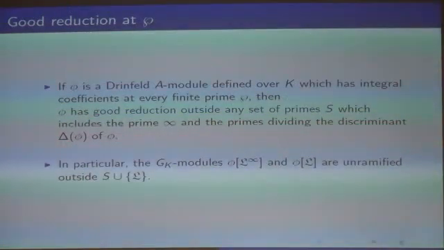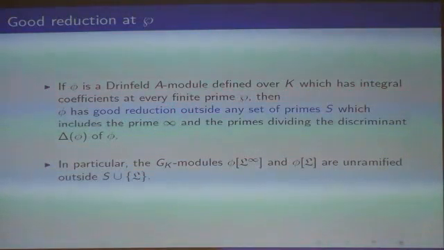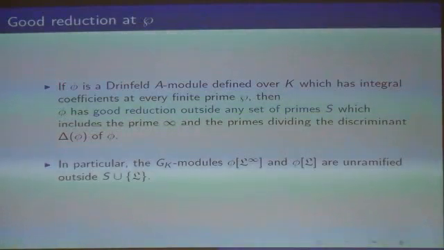Then, if phi is a Drinfeld module which has integral coefficients at every finite prime P, then phi has good reduction outside of a set of primes S. What we want to exclude is S, which actually includes the prime at infinity and the primes dividing the discriminant. That is the trouble.